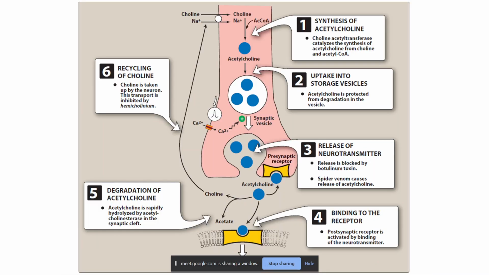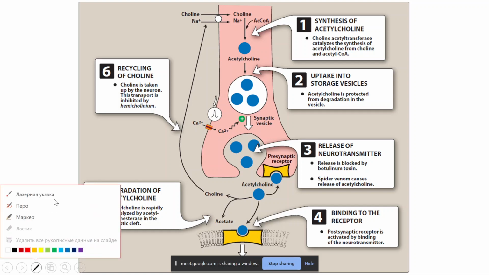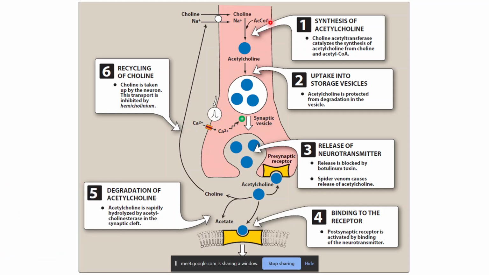So acetylcholine is synthesized in the nerve ending from choline by the enzyme choline acetyltransferase, and it uses choline and acetyl-CoA to make acetylcholine.